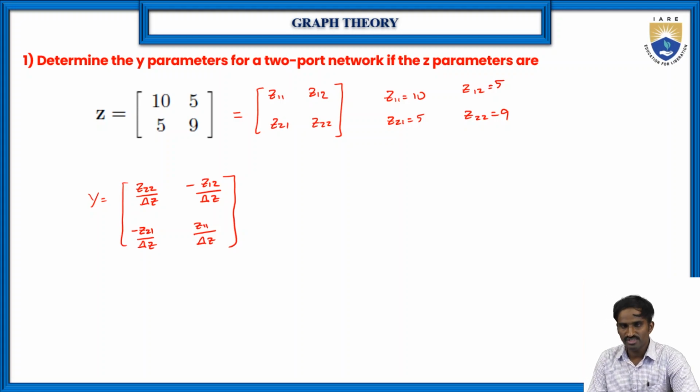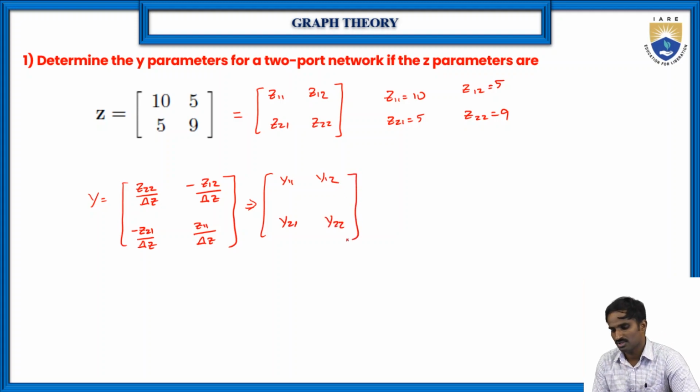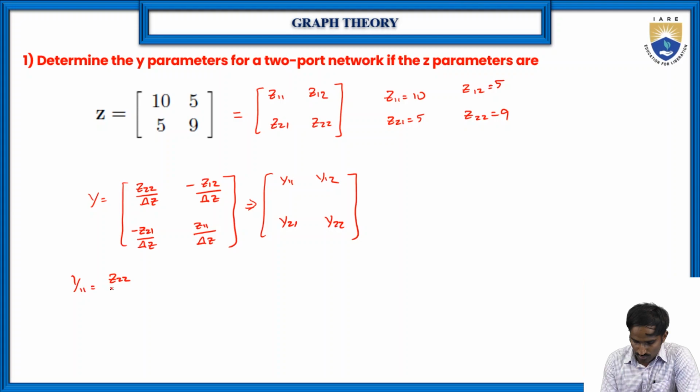If we compare with Y11, Y12, Y21 and Y22, then Y11 is equal to Z22 by delta Z.